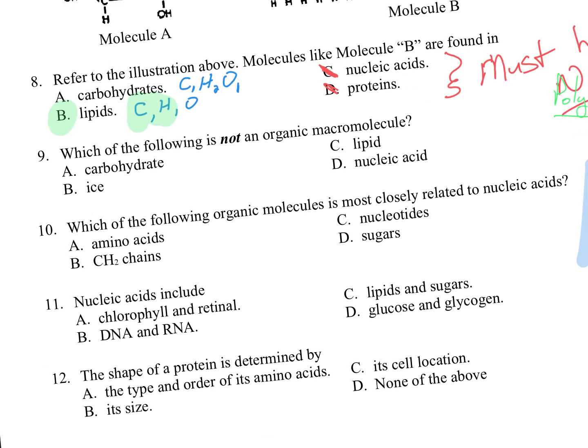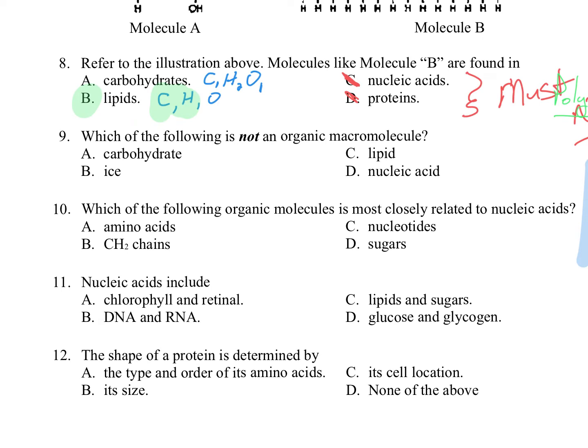Which of these is not an organic molecule? So what is an organic molecule? Usually carbon bonded to other carbons. All right. So here's carbon bonded to hydrogen, right? Here's a carbohydrate. Is that an organic molecule?